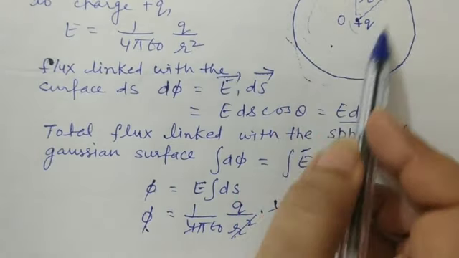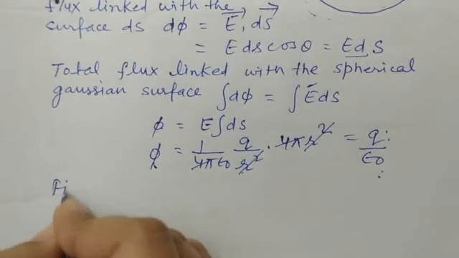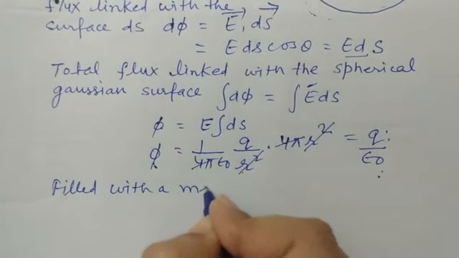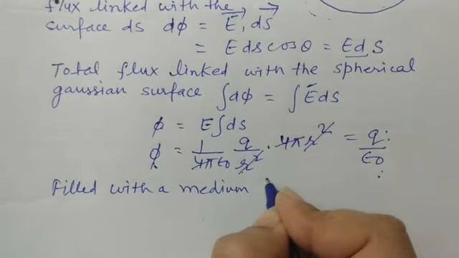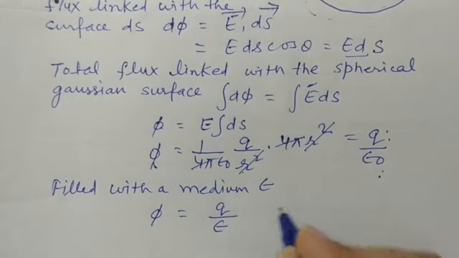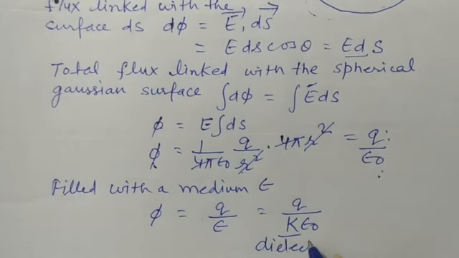But if this area is filled with some medium, say epsilon, then flux will be equal to Q upon epsilon, and this epsilon will be written as K into epsilon naught. Here K is the dielectric constant of that medium.